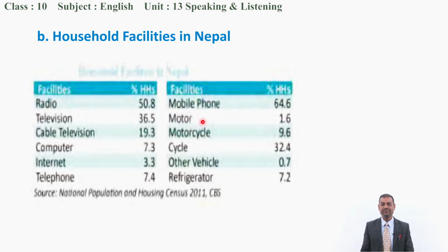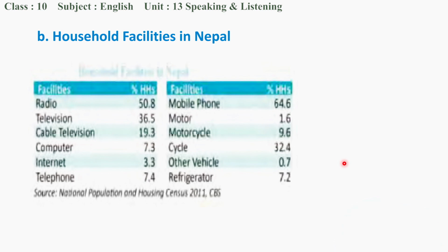And about mobile phone, motor, motorcycle? Yes. Finally, cycle, other vehicle, refrigerator. And what about the conclusion? Good job. This is how you have to do it. Is the idea clear about interpretation or description of any chart and figure? So don't forget to practice in your free time.